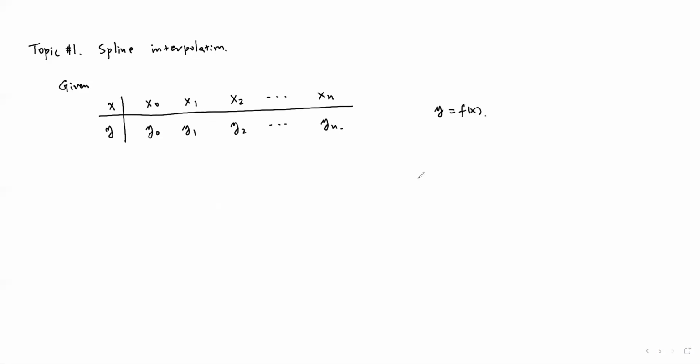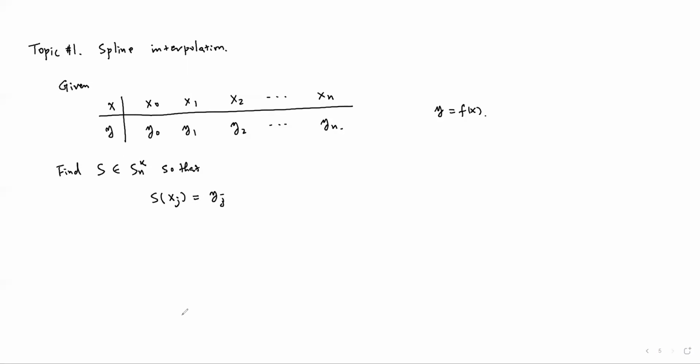Now, we want to find a spline function from S_k so that S at the knot x_j is equal to y_j.